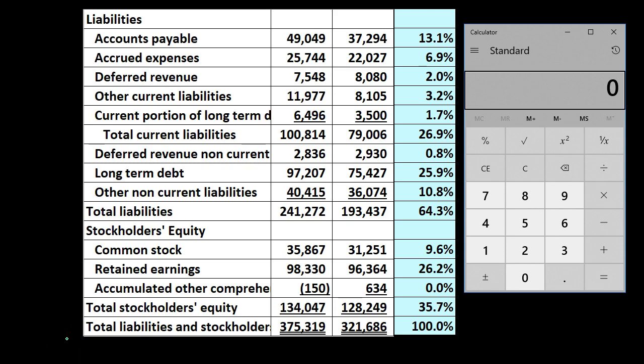And the reason we're thinking that way is because note that the balancing concept is assets equal liabilities and equity. So it's not grouping the three out, assets, liabilities, equity, but two categories, assets, and liabilities and equity. Why does that make sense? Because the liabilities and the equity represent who has claim to the assets. So remember, we're balancing here, of course, which means that this 375,319 of liabilities and equity is equal to total assets.